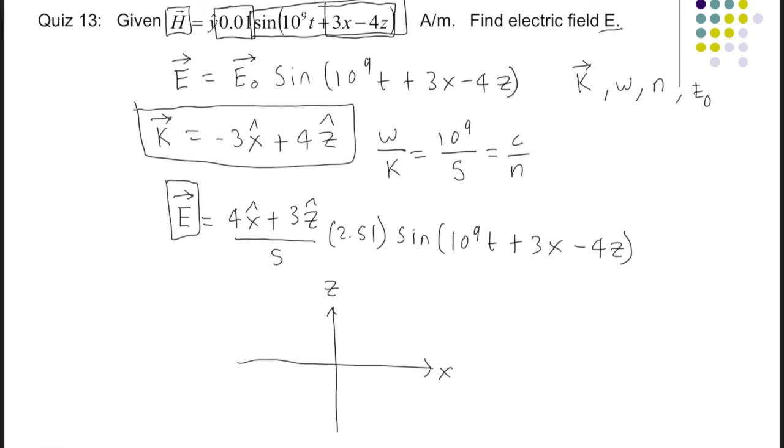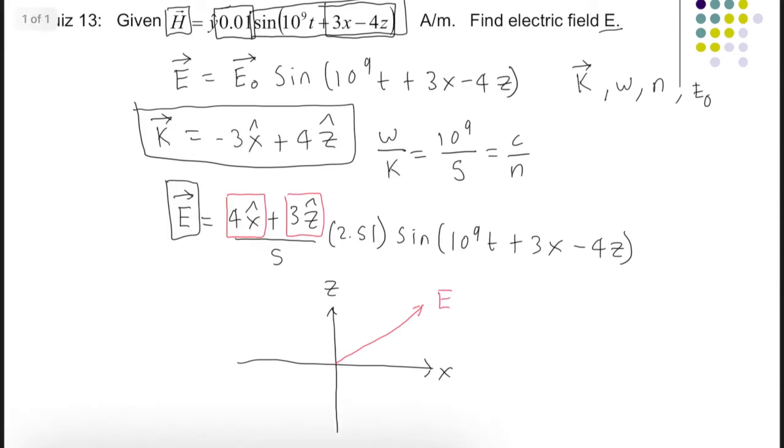So the values in front of our sine here for the H field and E field will determine where they lie on this plane. So let's first look at the E field. For our E field, we have a 4x and a 3z, and both of these values are positive. So we can assume here from those values that E is being drawn in the first quadrant like this.